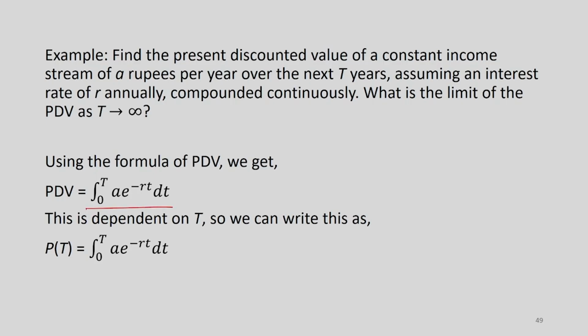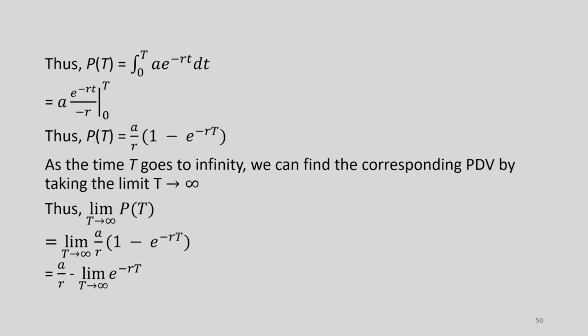Here Ft is equal to small a, times e to the power minus rt, and the time span is 0 to capital T. Now I have to evaluate that, but notice that this is a function of capital T. So I can write this as P(T), denoting the present discounted value, which is a function of capital T. And I do this integration, and I find this P(T) to be of this form: a divided by r multiplied by 1 minus e to the power minus rT.